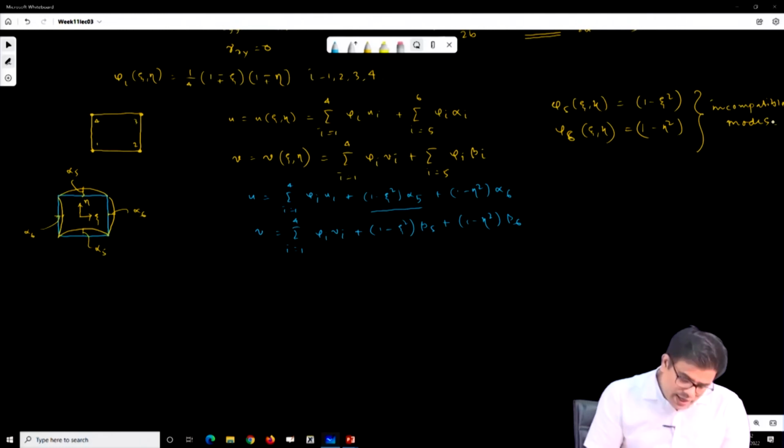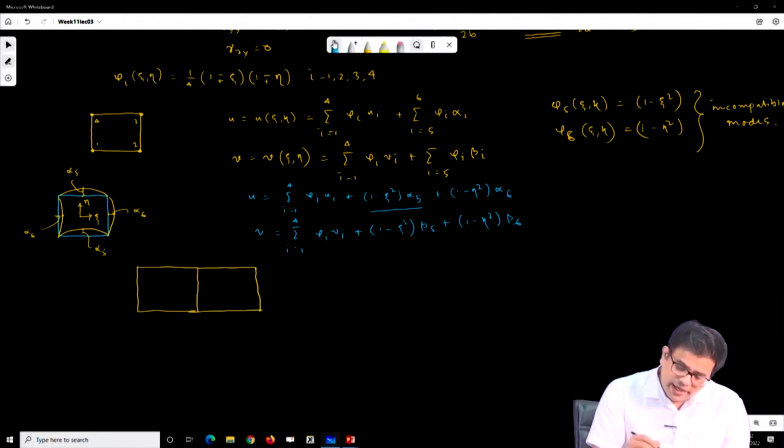For instance, if I just draw a simple two element system, then you can understand this clearly. So these are two neighboring elements. Now suppose some modes are activated here, and some modes are activated here.